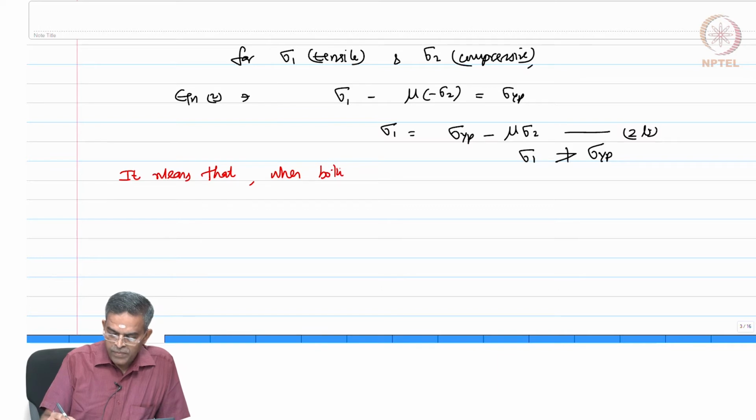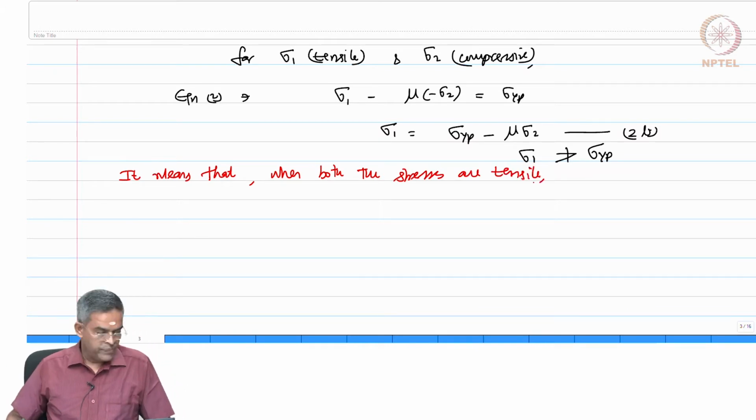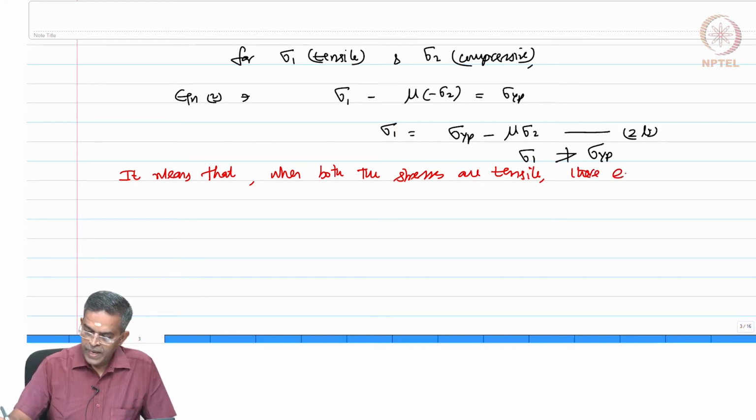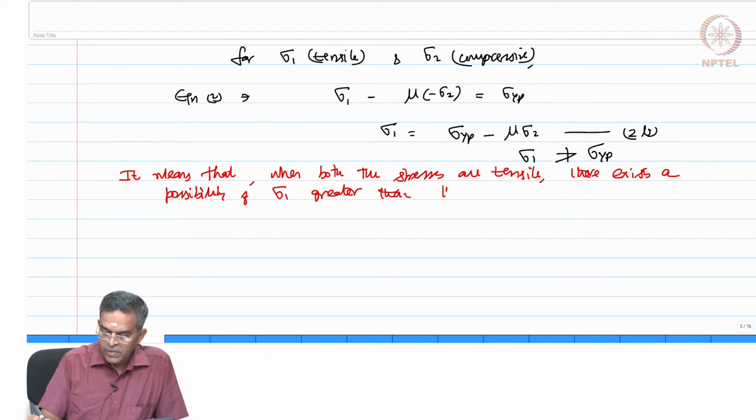Which says that when both the stresses are tensile, there exists the possibility of sigma 1 greater than the stress at yield point.